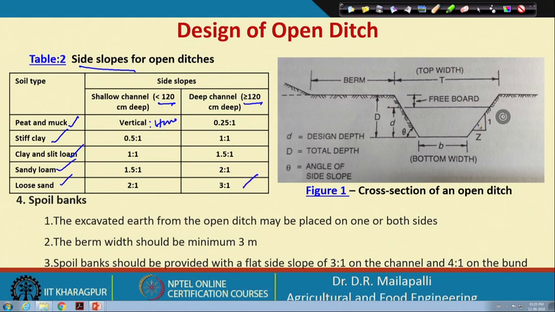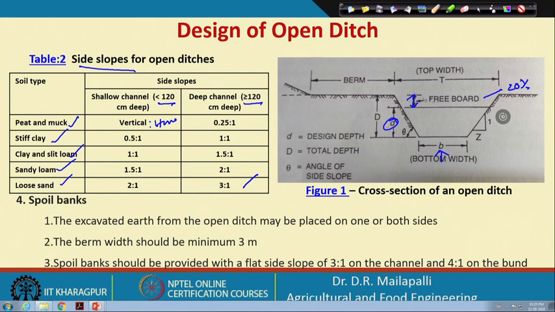Okay, so here this is the trapezoidal channel. For a trapezoidal channel it has a parameter B, the bottom width, and depth D. Then we need to include a freeboard in order to accommodate siltation or other things. Generally the freeboard can be up to 20% of D. This is extra.